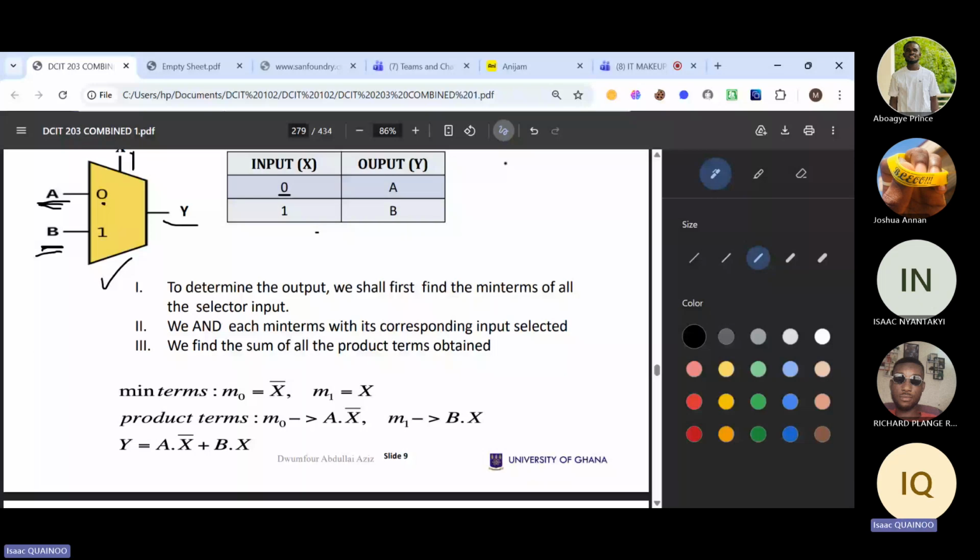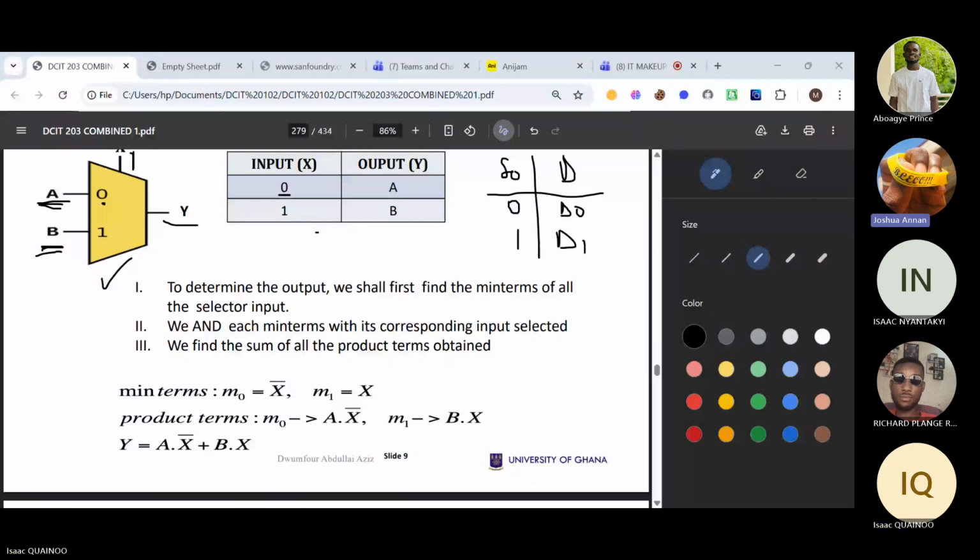If your selector is 0, then data line 0 will be selected, and if your selector is 1, then data line 1 will be selected. So this was what we said.